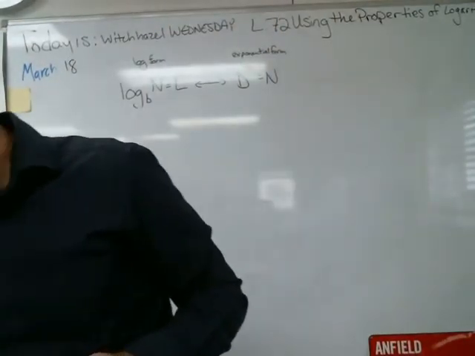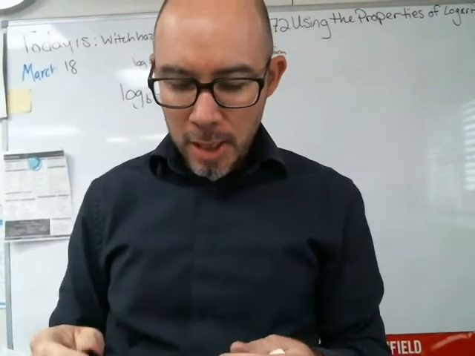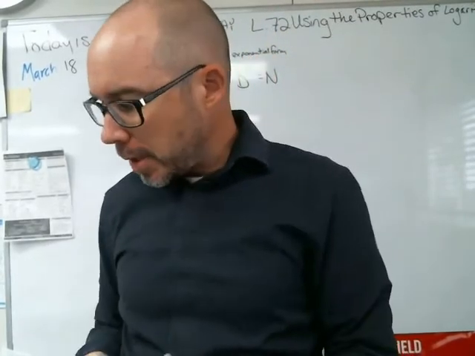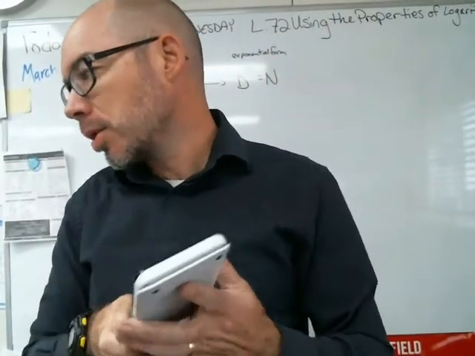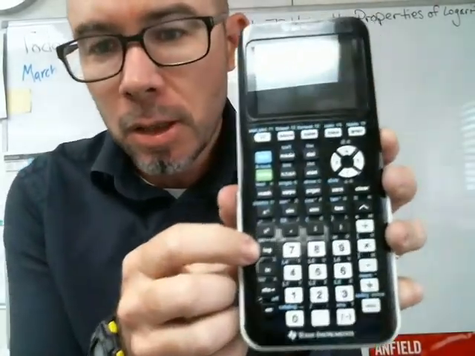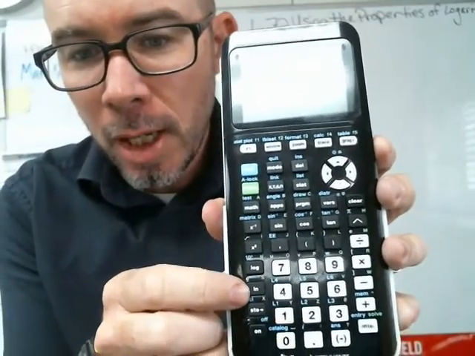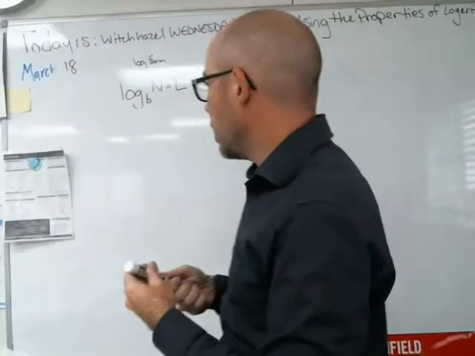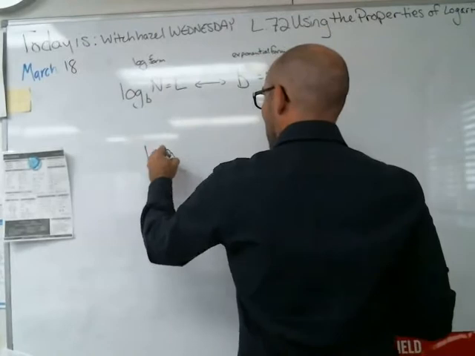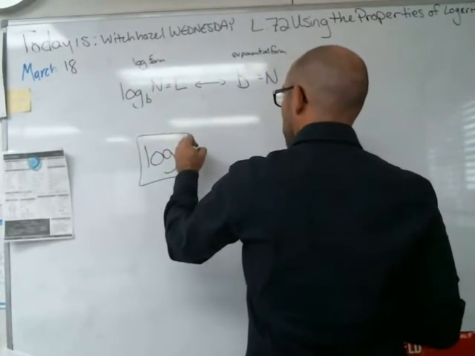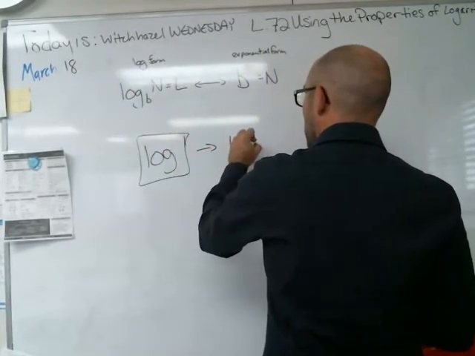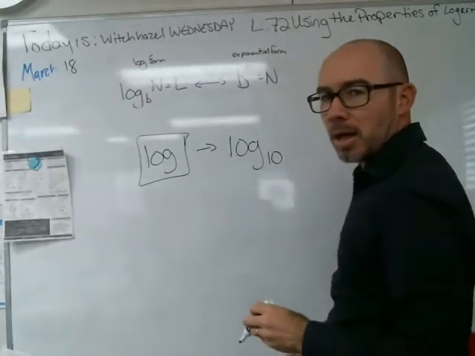Okay, just a little hint here. We've got a couple of buttons on our calculator that I want you to make sure you understand. You've got log and you've got ln. The log button there, anytime you push that log button, you're basically asking for log base 10.